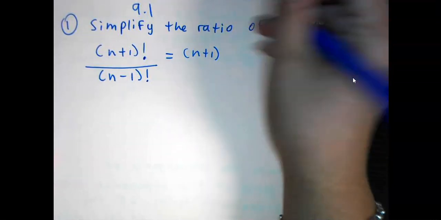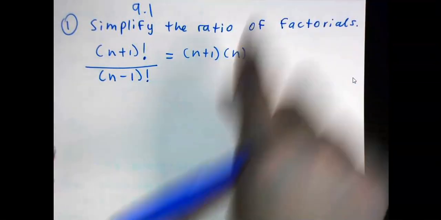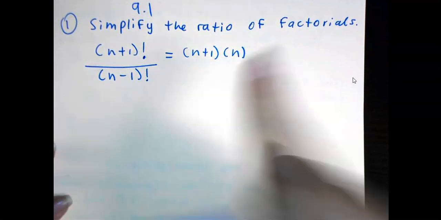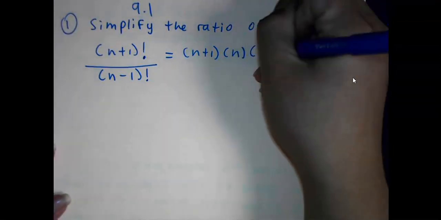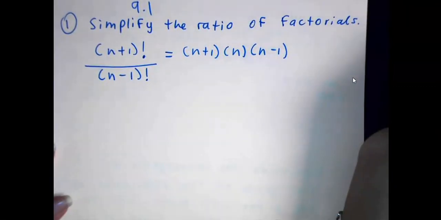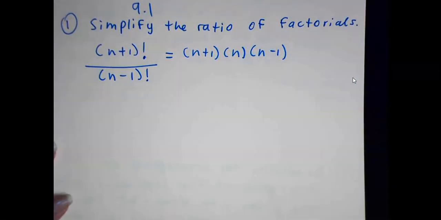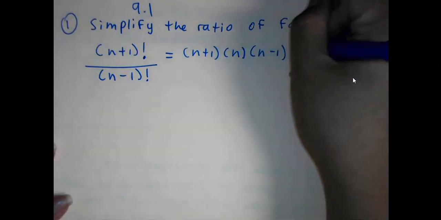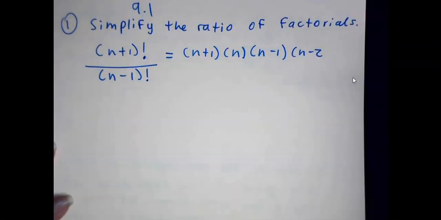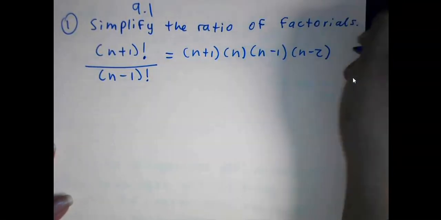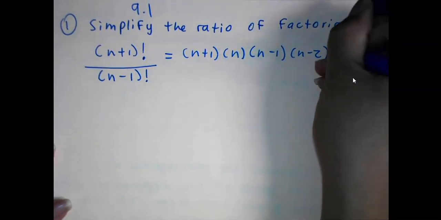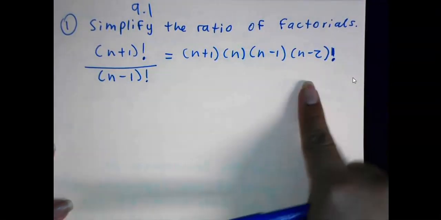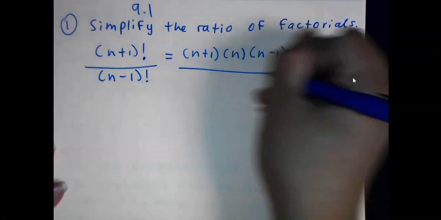That means you have n, and that's the next one. So then what goes before that? You're subtracting 1 every time. So it'll be n minus 1. The next one, I'm subtracting 1 again, so then it'll be n minus 2. And then that way I can keep on going until I get to 1. But since I do not know what n is, I can just finish it here and finish with the factorial because it keeps on going forever that way.